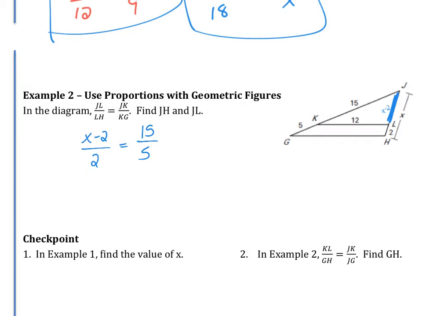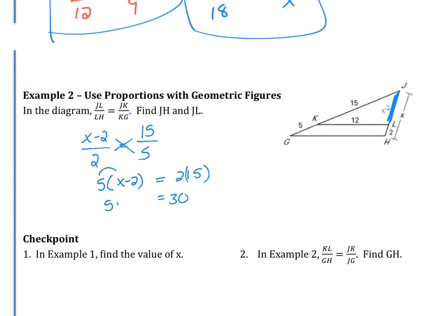So to solve this, we have to do cross multiplication. So if we cross multiply, we would get 5 times x minus 2 equals 2 times 15. 2 times 15 is 30.